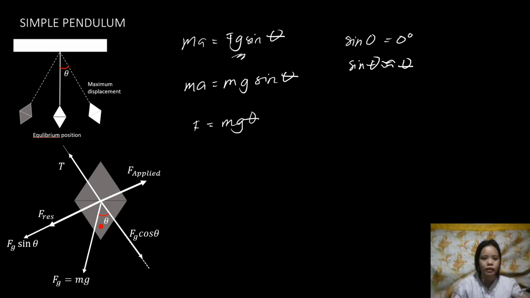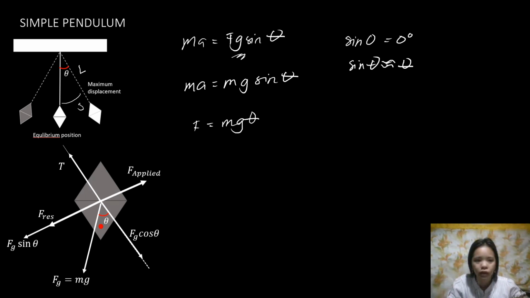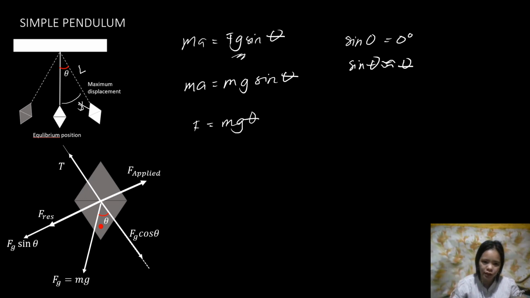From this pendulum, as you can see, this is the arc s, and this would be the length of the pendulum string. Let's change this arc into x. So let us consider that the arc here is x, and over the radius, the formula will be force is equal to mg multiplied by the arc all over the length.